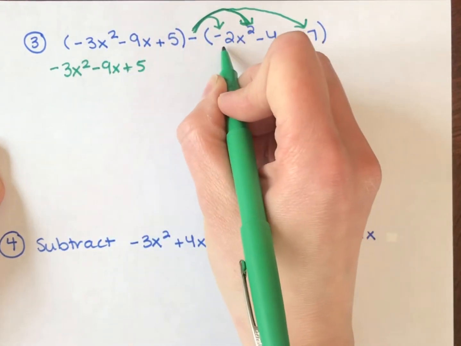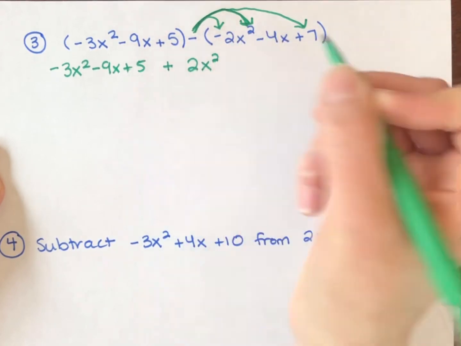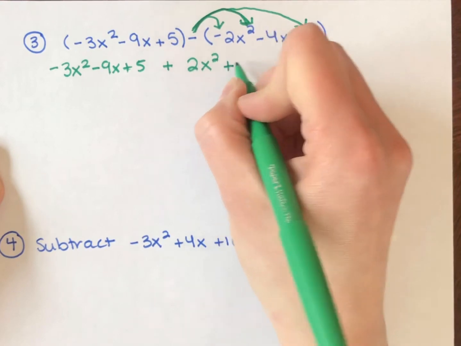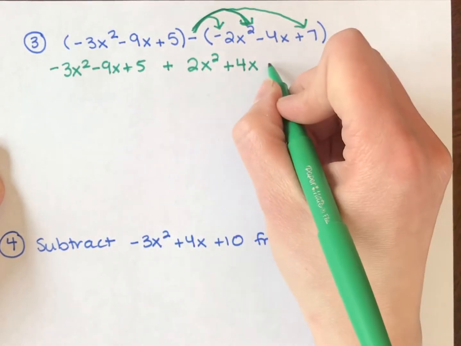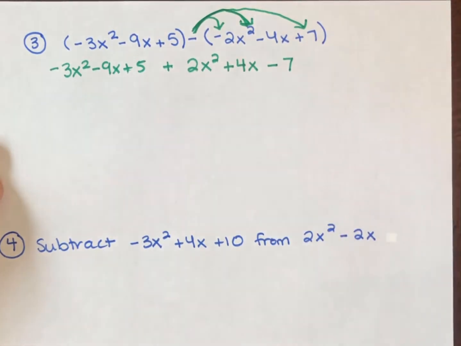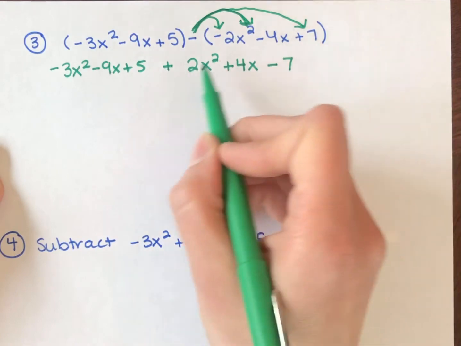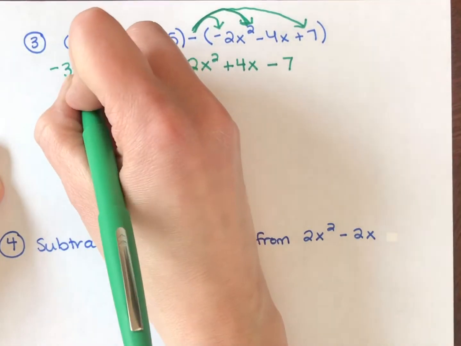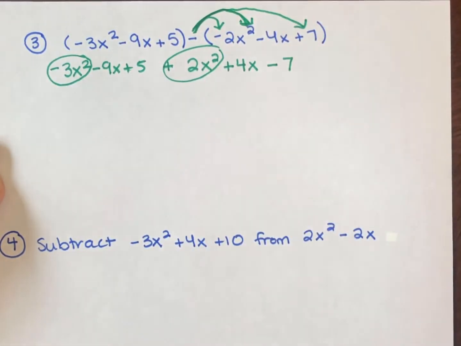A negative times a negative 2x to the second becomes a positive 2x to the second. A negative times a negative 4x becomes a positive 4x. And a negative times a 7 becomes a negative 7. So basically the sign of everything in the second parenthesis changes. Then you can combine like terms. I have a negative 3x to the second plus a 2x to the second.